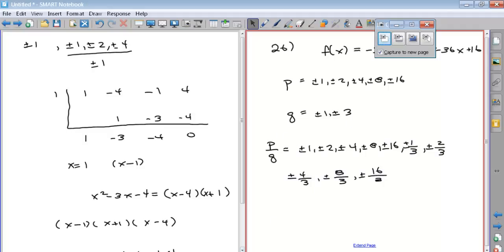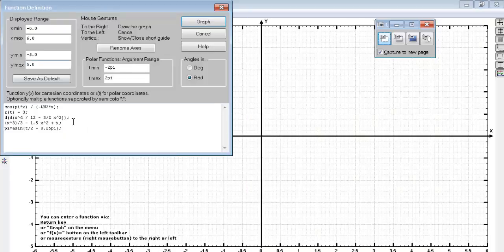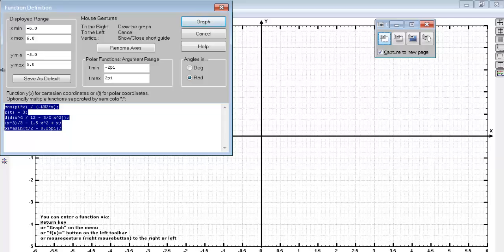That means we've actually got to just plug it into the graphing program. So let's see what it was: negative 3x cubed plus 20x squared minus 36x plus 16.